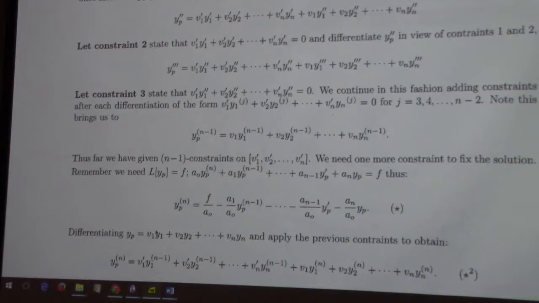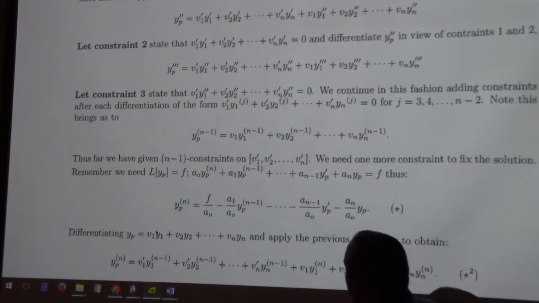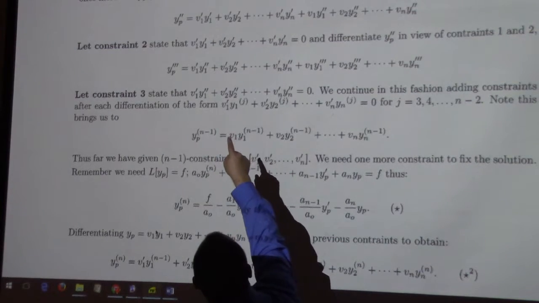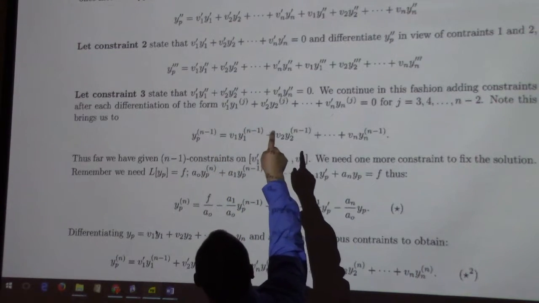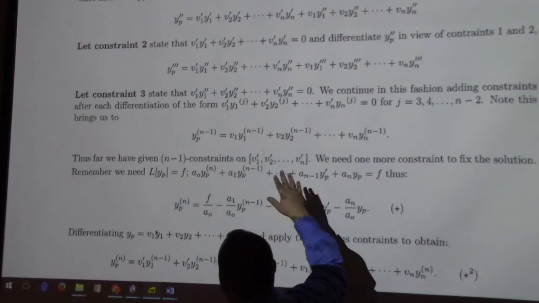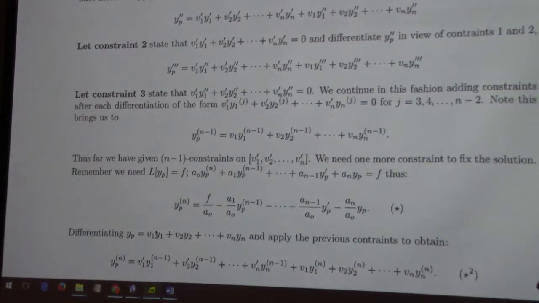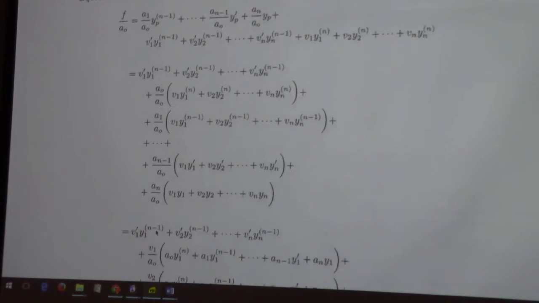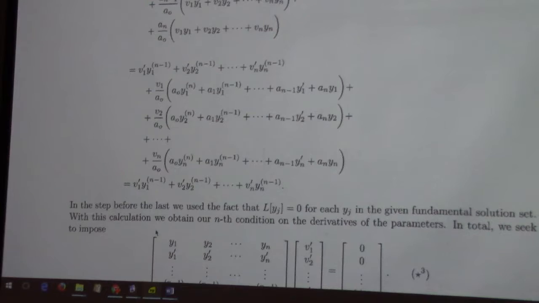Differentiate again. After you differentiate again, we get that. And the second constraint would be v1 prime y1 prime plus v2 prime y2 prime equals 0. So you keep doing this, you keep getting more and more constraints. And then again, you can rewrite them. This is kind of awful.